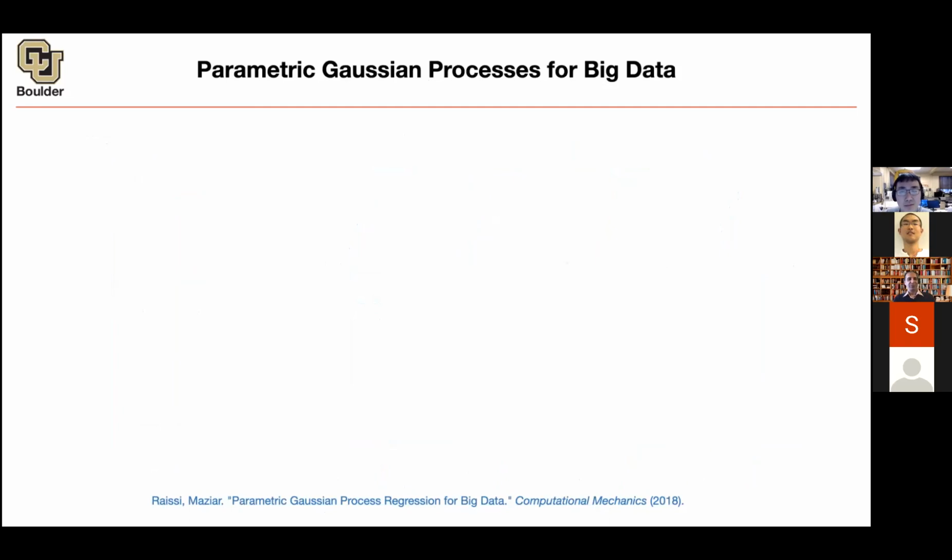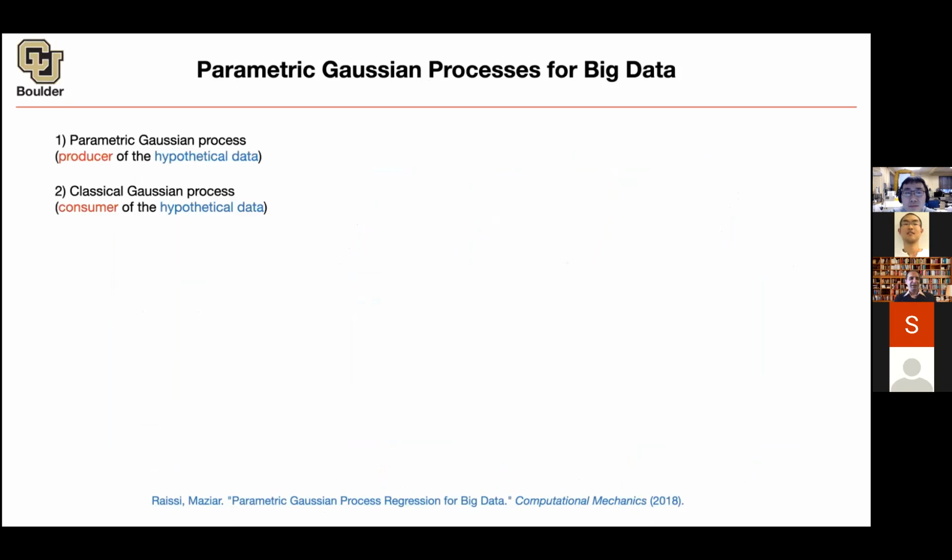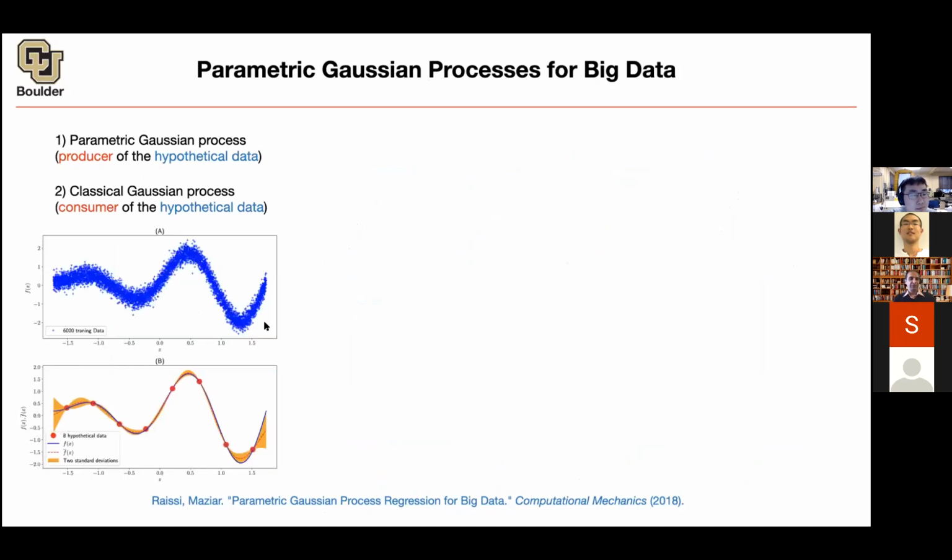So far, machine learning was helping us. Gaussian processes were helping us, but Gaussian processes, can we help them? They don't scale well to big data. And the answer is yes. There is this parametric Gaussian process technique that is going to rely on this idea.